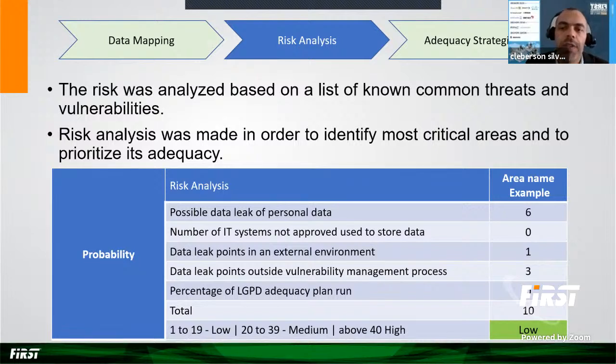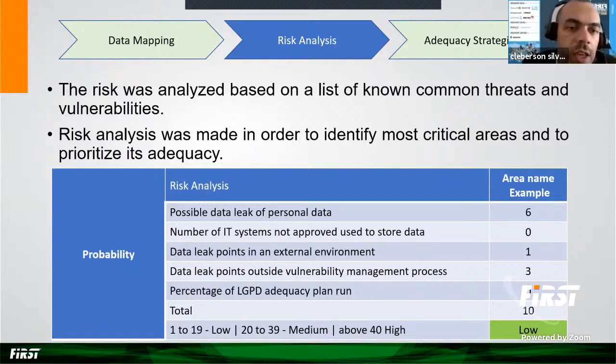After the data mapping was consolidated, the risk analysis was performed considering the probability of a possible data leak of personal data.